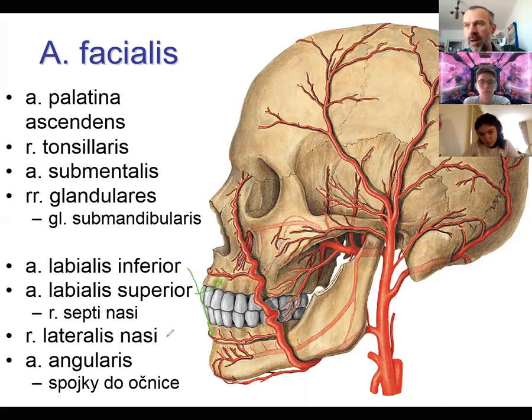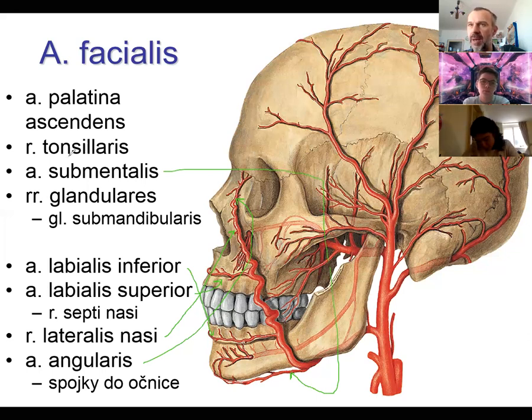We have the lateral nasal branch, which is not well shown in this figure, somewhere here. And then we have the angular one, which is this one, and terminates here at the medial angle of the eye. So these four branches are nicely visible. The last branch here below is the submental artery.